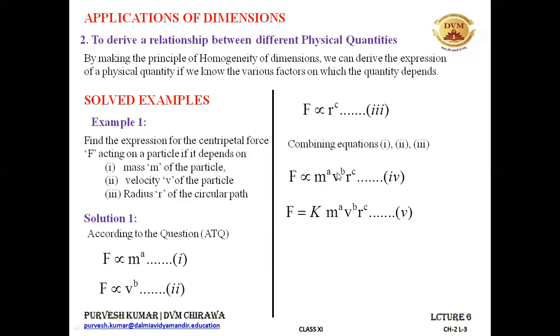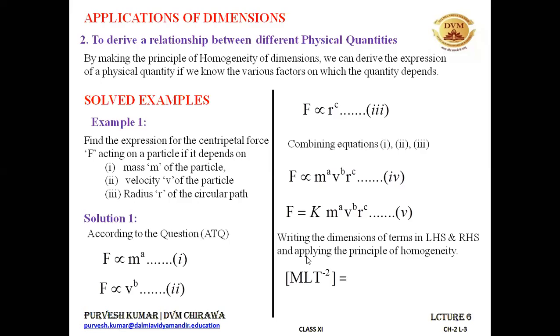We know these dimensions because we have done the dimension formulas. And by the principle of homogeneity, whatever the dimensions on the left hand side, they have to be equal to the dimensions of the right hand side. So in place of F, I have written MLT minus 2, the dimension for force. K does not have any dimension. It is a constant.